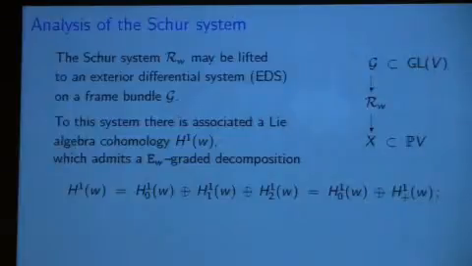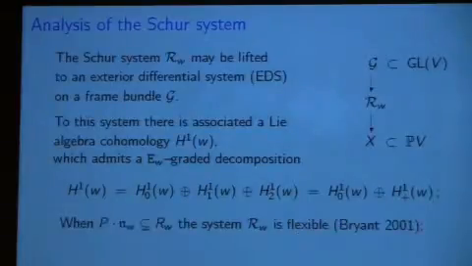I'm sorry, what I wrote on the board is not accurate. That decomposition just comes from the original parabolic P that defines the Schubert variety. I cheated a little bit.